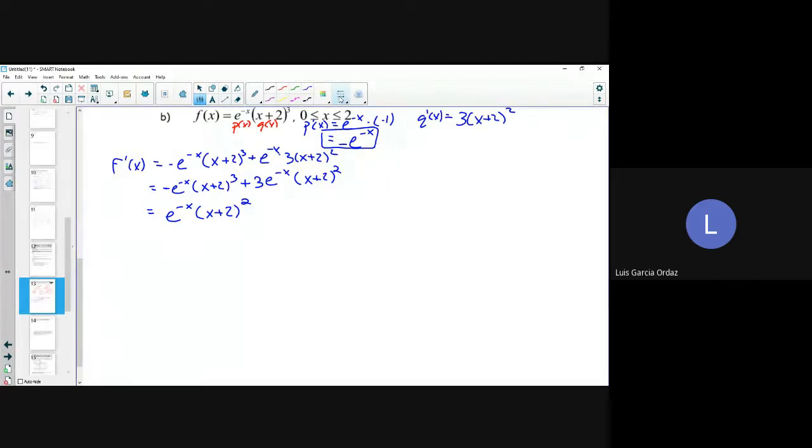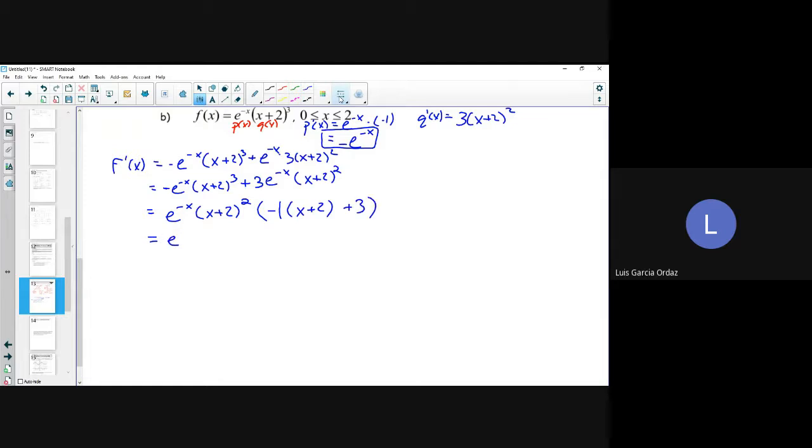So just try to keep your e to the x as a positive. That way it is easier to work with, and what's left on the inside is also easier to work with. So what I'm left with is negative 1 times x plus 2 plus 3.